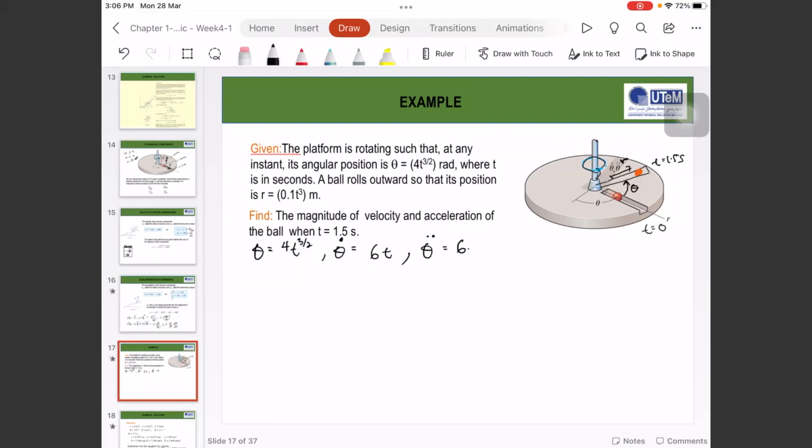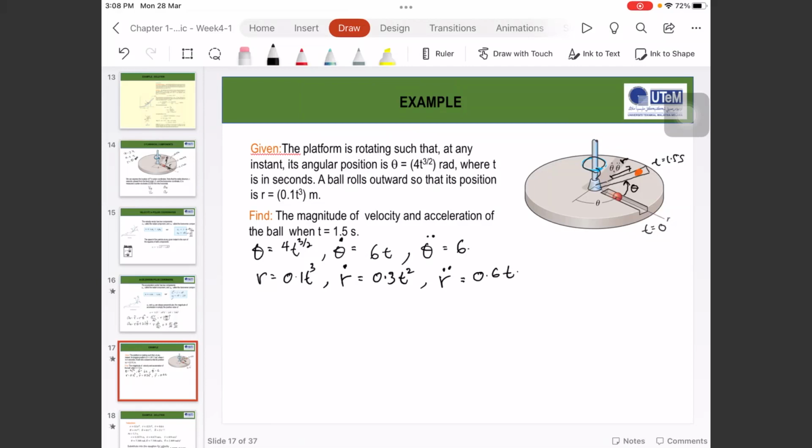Okay, so R is 0.1 t kuasa 3. So R is okay, then R double dot is 0.6t.